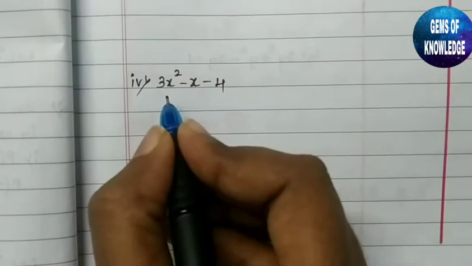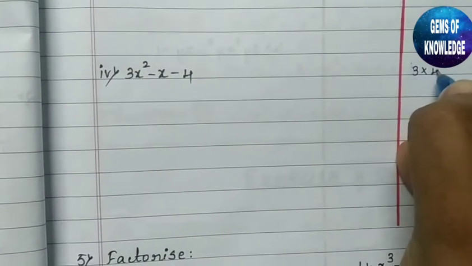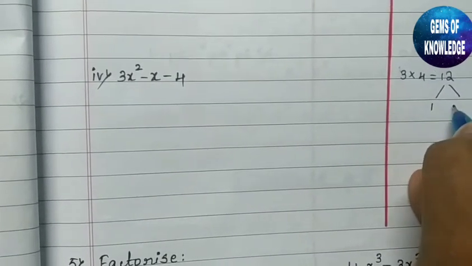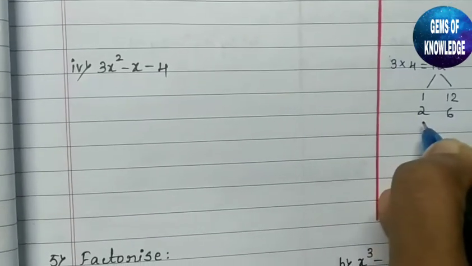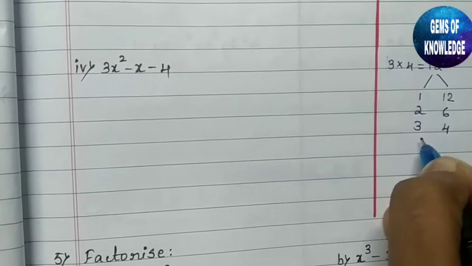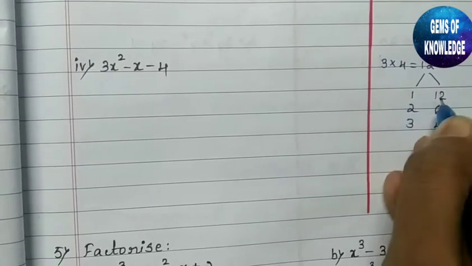So now moving for the fourth one, you can see here 3 into 4, it will be 3 4s are 12. So we need to open 12 now. So 1 12s are 12, 2 6s are 12, 3 4s are also we are getting 12. Okay, then the same thing will be repeated, that is 4 3s, 6 2s, and 12 1s.